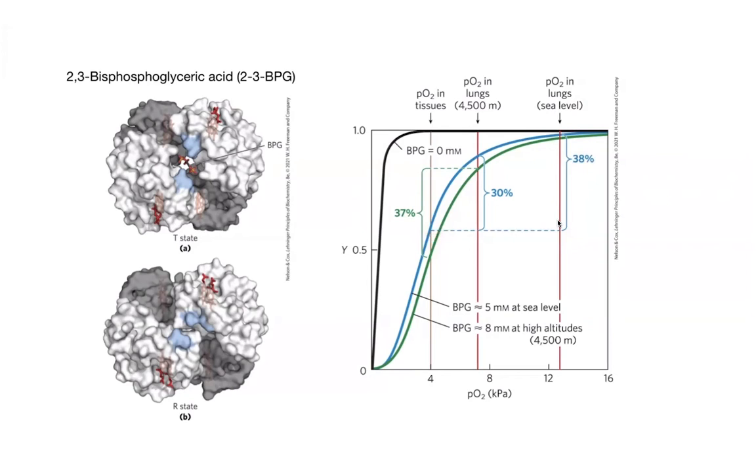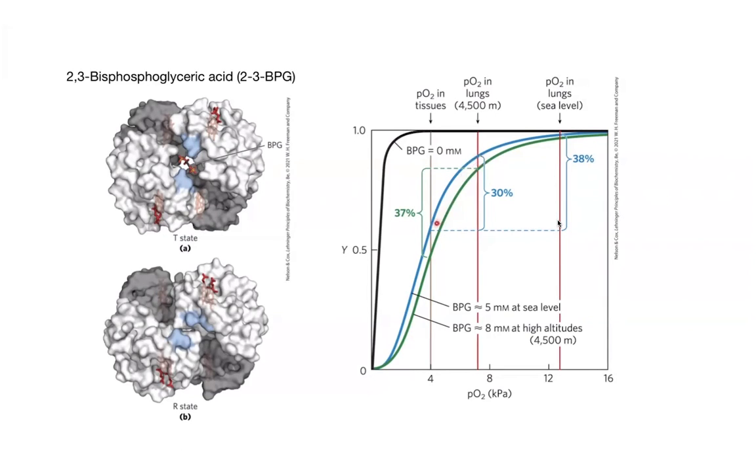But now let's think about if we started at a lower oxygen concentration. If we started at a low oxygen concentration and we had that same amount of BPG, well, now we're going to have a lower proportion of it bound at its full capacity, the maximum oxygen we have. We're going to have about 8% less of it, so something around 90% bound.